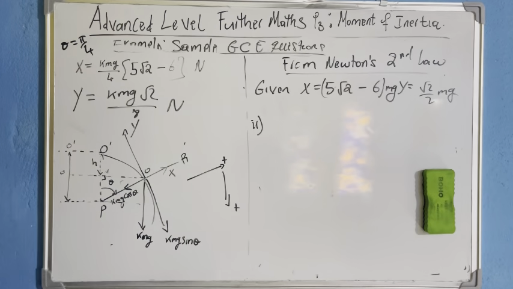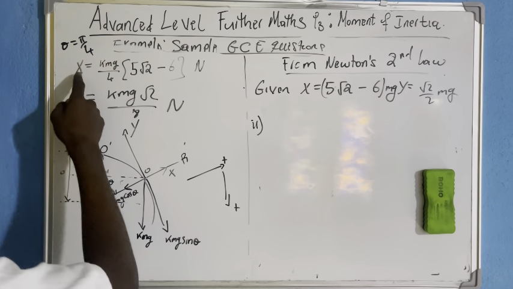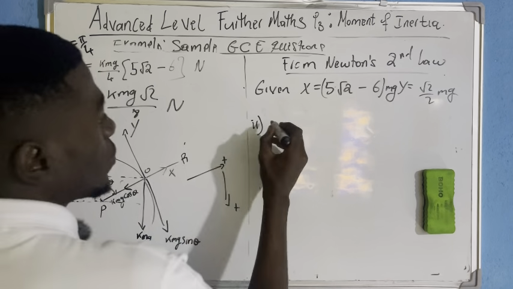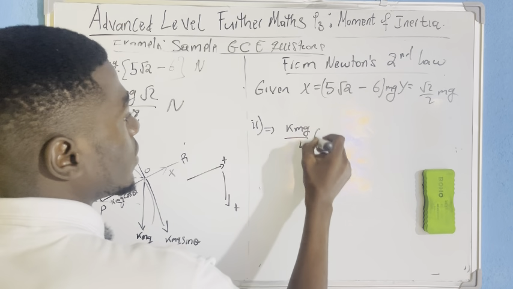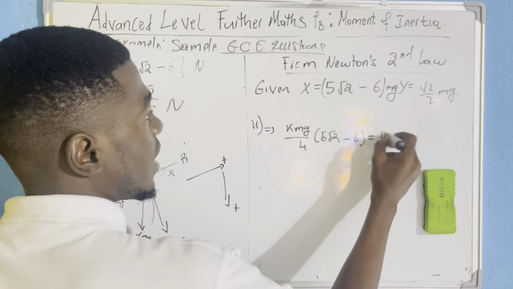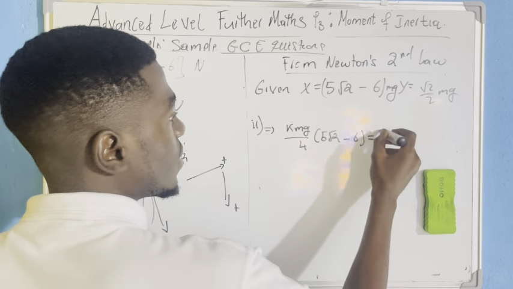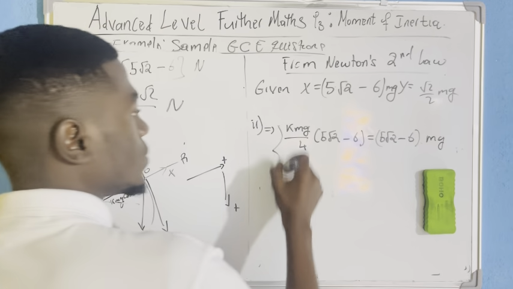So comparing the X they gave with my own here, you see what I can use. It means that I can equate this. So comparing implies KMG all over 4 into 5 root 2 minus 6 should be equal to what? 5 root 2 minus 6 in bracket mg. I will do the same here down.